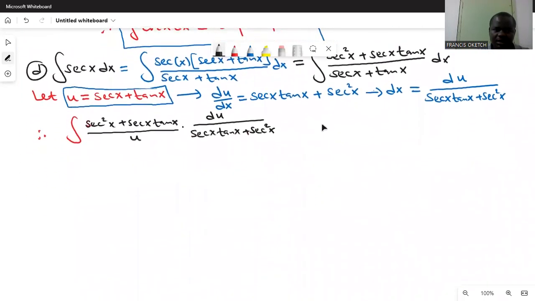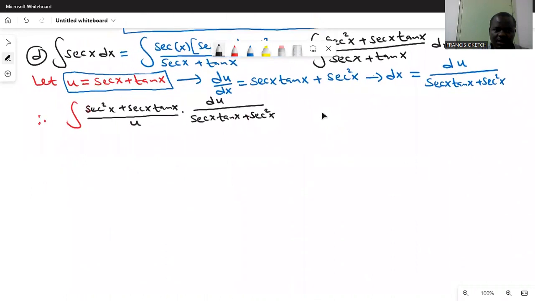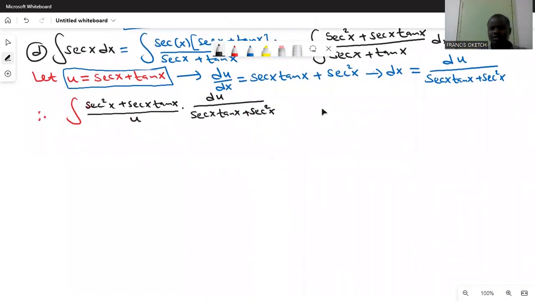So look at our integrand. You can see there's sec squared x plus sec x tan x. The same thing is in the denominator. So the whole of this will cancel with this.